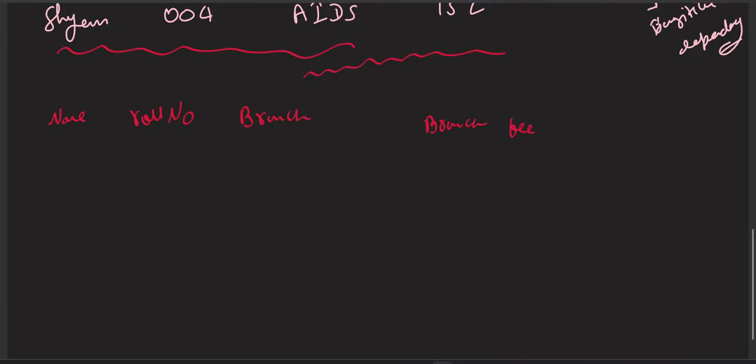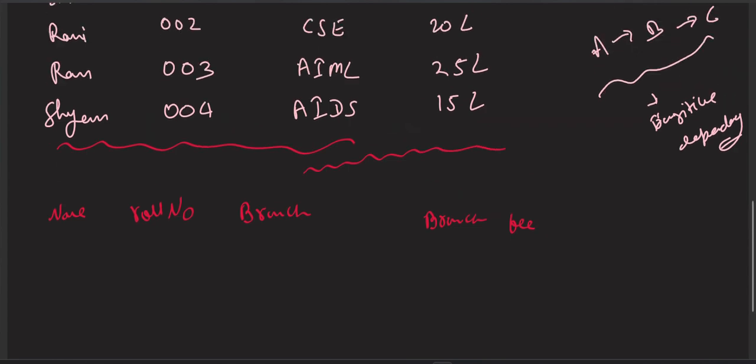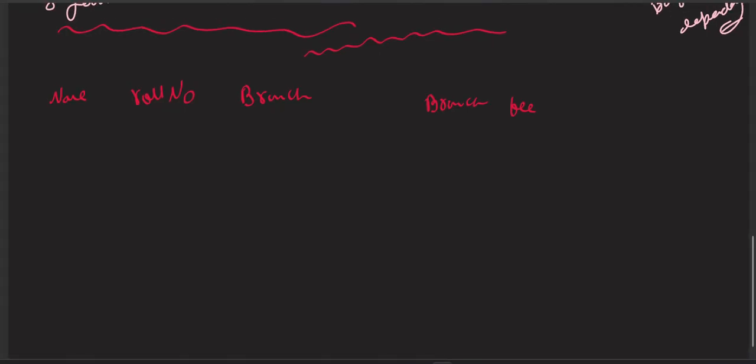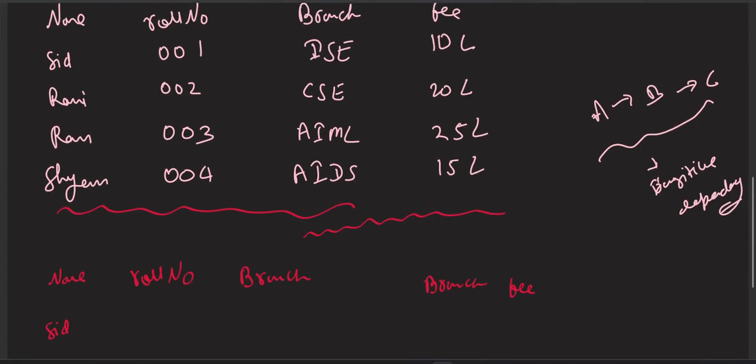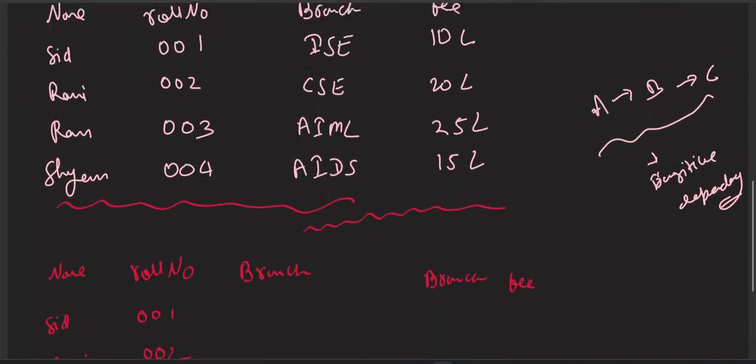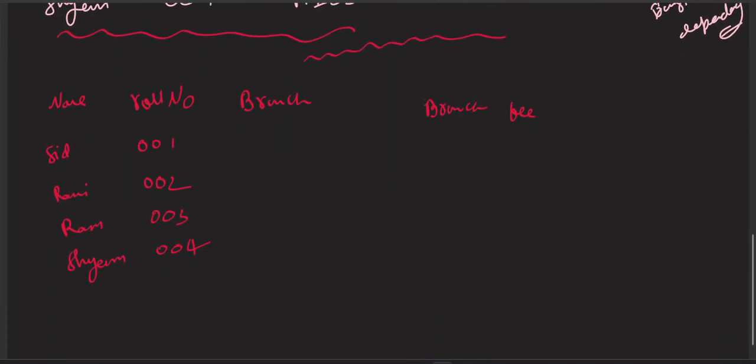Okay, so let's write down the tables. Sid, Rani, Ram, Shyam. Roll numbers are 001, 002, 003, 004. Branches are ISC, CSC, AIML, AIDS.